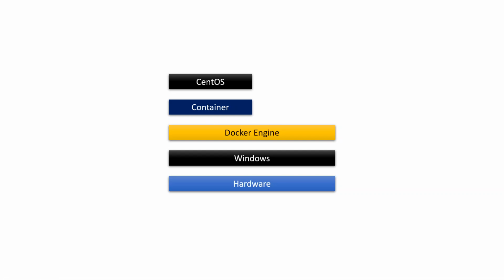You only need to know two commands. One is docker pull, and another is docker run. The docker pull centos command will give you the latest CentOS container image, the lightweight image that you need to run CentOS.